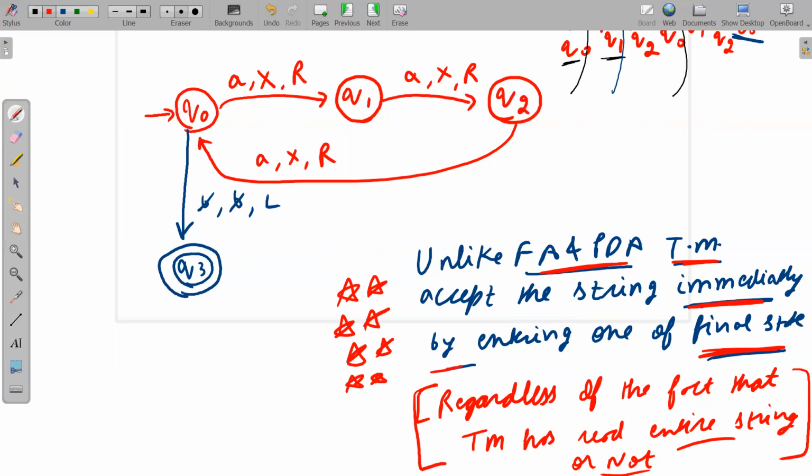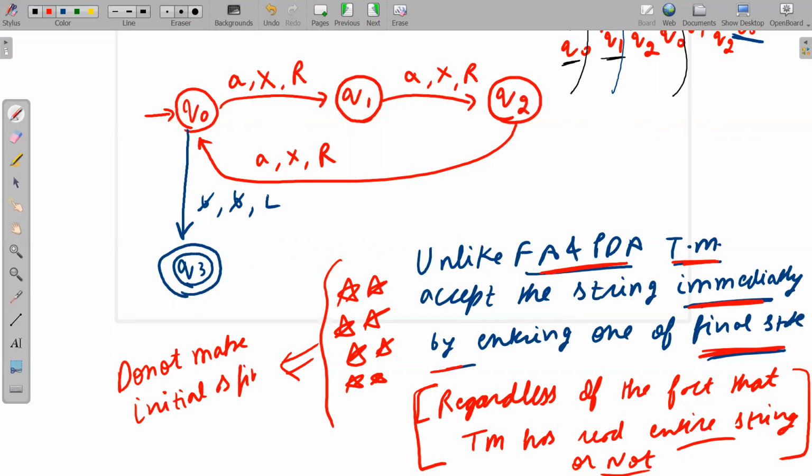From this point, please note that you should not make the initial state final. Why do we make the initial state final? To accept the null string. But here, to accept null, do not make the initial state final.